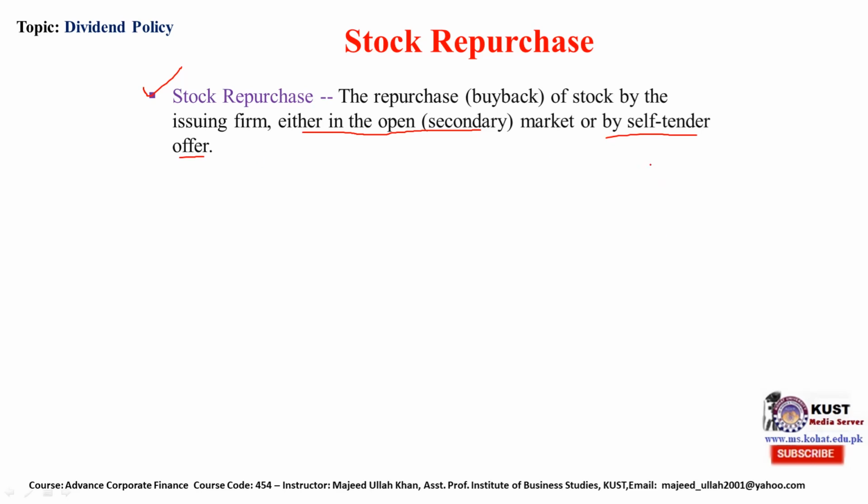For example, if they give a tender and multiple people start bidding, let's suppose the first guy says he has 1 million shares at a rate of, let's suppose, 20.